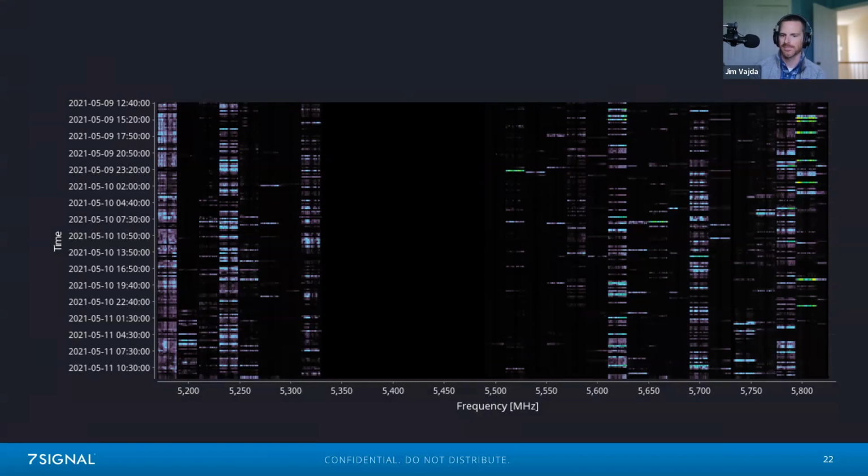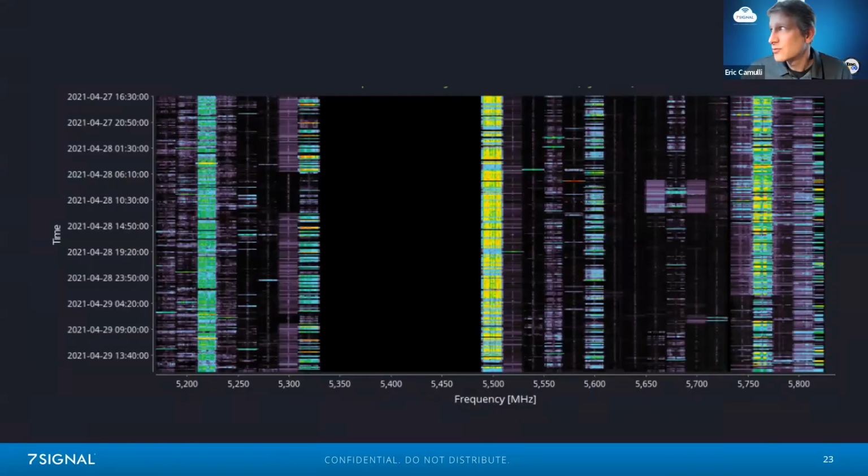Yeah, right on. All right, this next one also looks pretty normal. However, a bit more activity. You can clearly see that there are some channels that are much more heavily utilized than others. I'm looking at channel 100, for example, right? Yep. More APs, more activity.